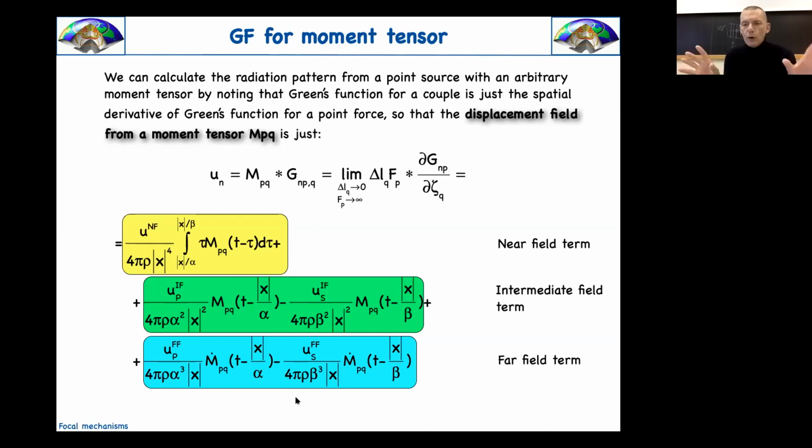And we're going to develop, in a very simple case, infinite, homogeneous, isotropic, elastic space, so with just lambda, mu, and rho, so just alpha and beta. What is the radiation pattern that we're waiting for a pure double couple?